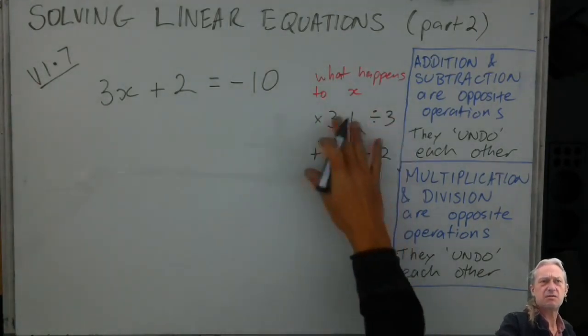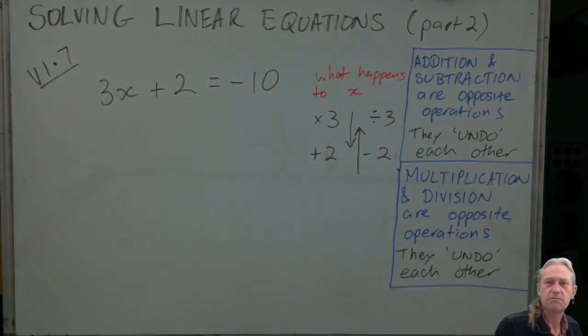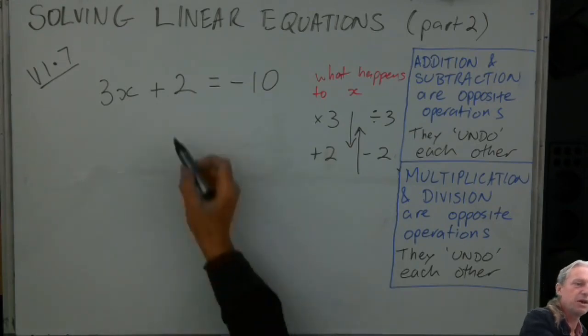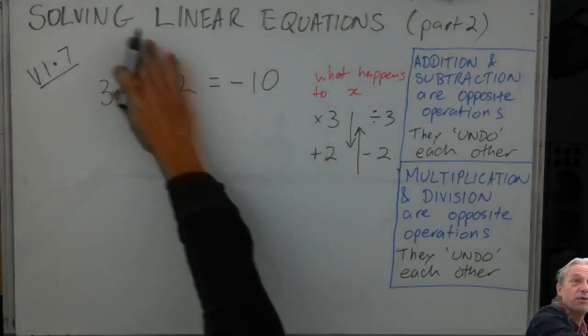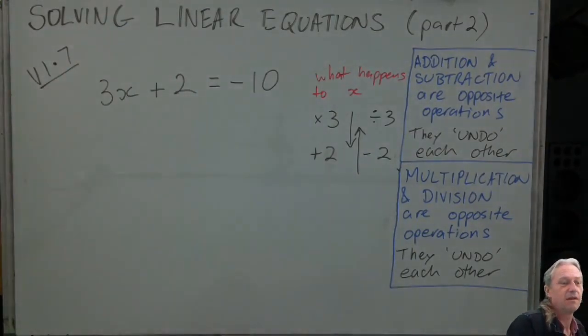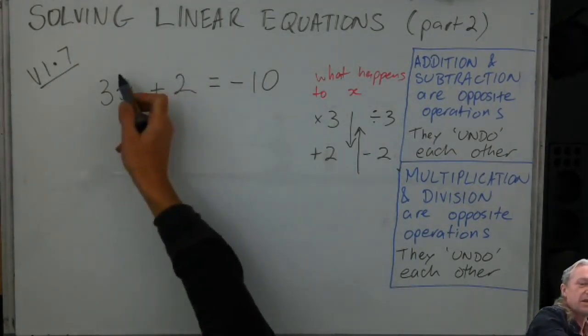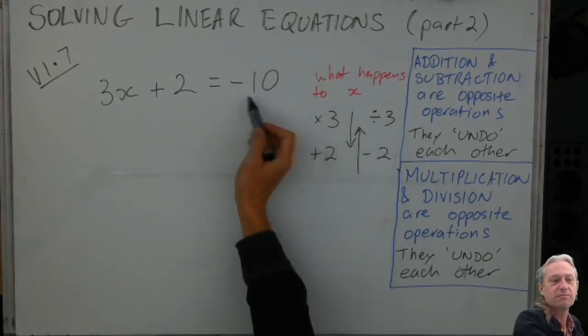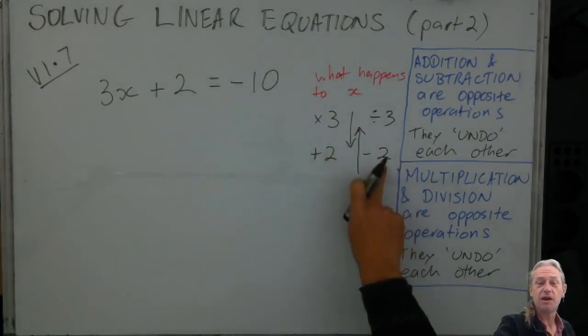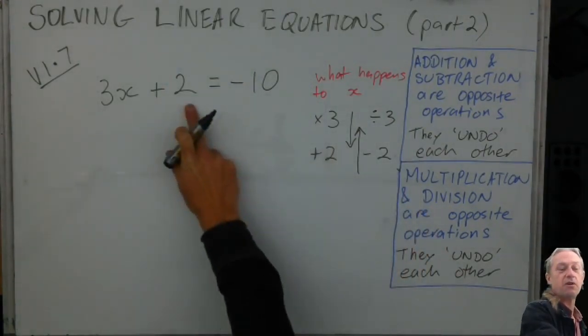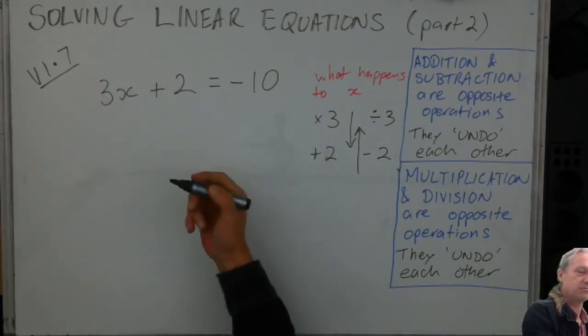I hope this way of thinking about it makes sense. Because really, we want to get to the x on its own, and we need to get rid of all the things happening to it, and move all those things to this side, keeping the equals true. Okay, so the first thing we need to do is subtract 2 because we've got 2 being added on.